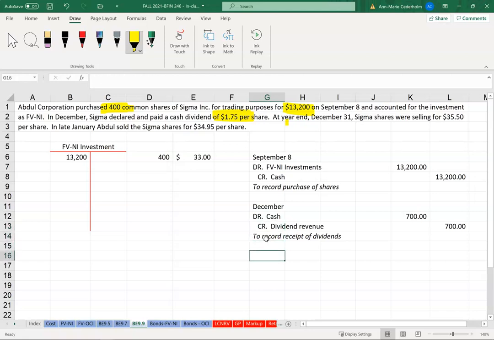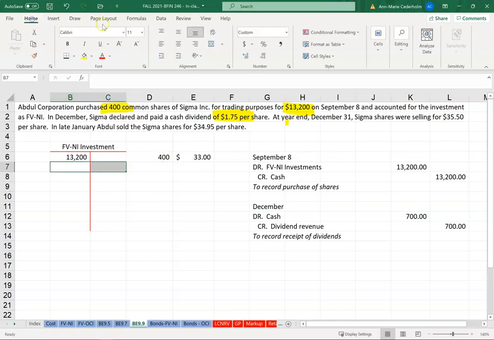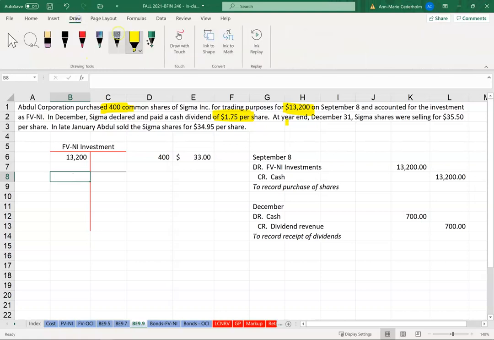Now, when we're using the fair value through net income and the fair value through OCI, what we need to do is revalue the investment to the fair value. It says that at the end of December 31st, Sigma is selling its shares for $35.50.